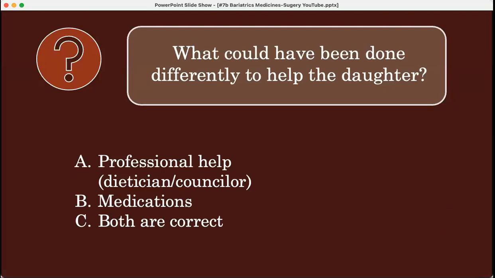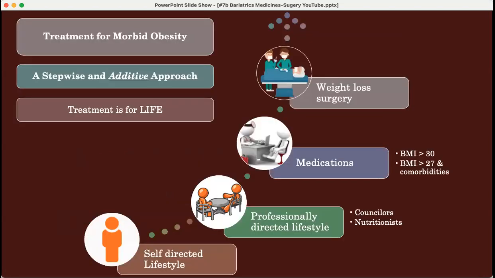But in the meantime, what could have been done differently to help her? Could it have been professional help, dietitian, counselor, medications, or both? Answer is both. Remember that the treatment for morbid obesity is for life.